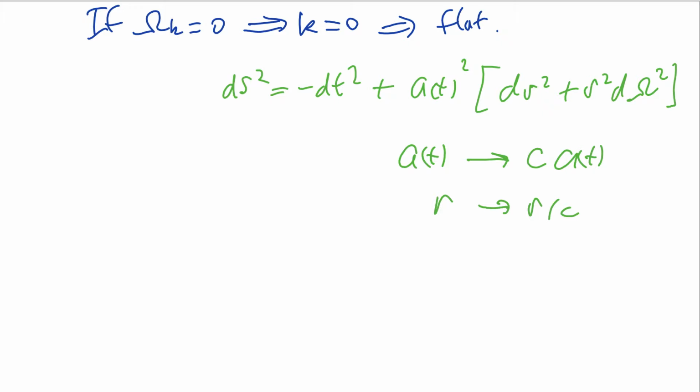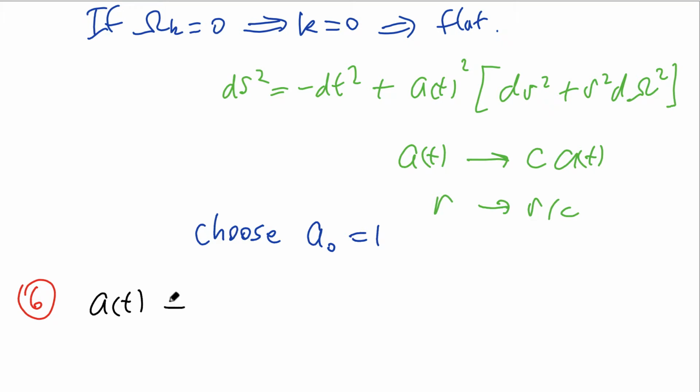So in particular, in this case, the flat case, it's convenient to simply choose the present day value of the scale factor to be 1. And now the final step in constructing our cosmological model is to write down the scale factor, which from the definition of A tilde is equal to A0 times A tilde taken as a function of t divided by t_H, the Hubble time.